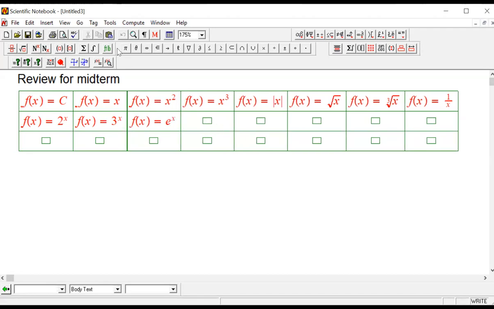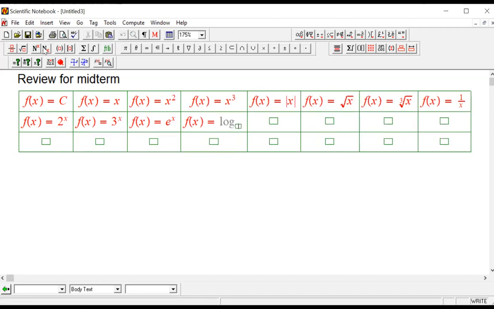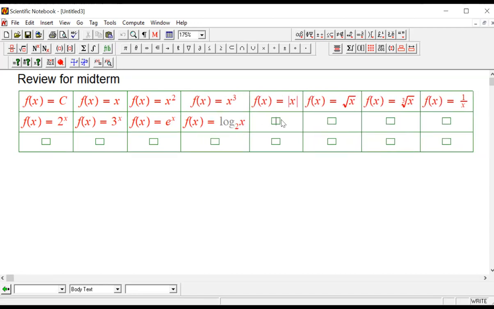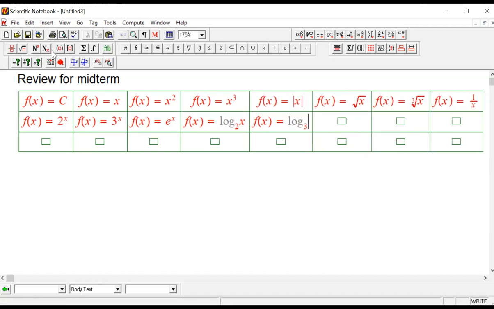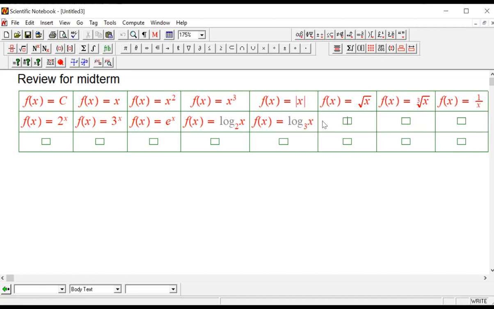And then log base 2 of x. We have done these summaries multiple times during our studies. Periodically we already had some reviews and summaries, so you can study those.